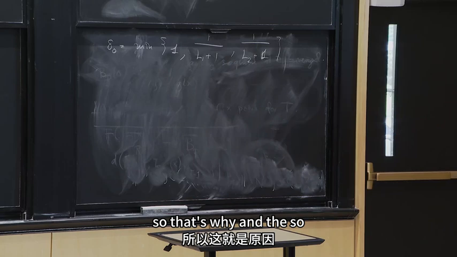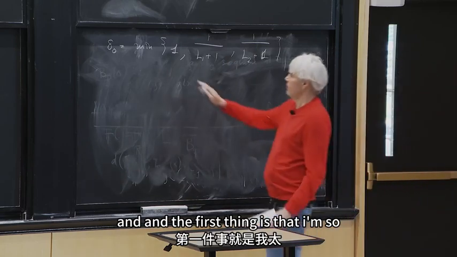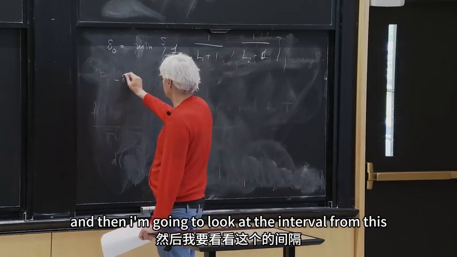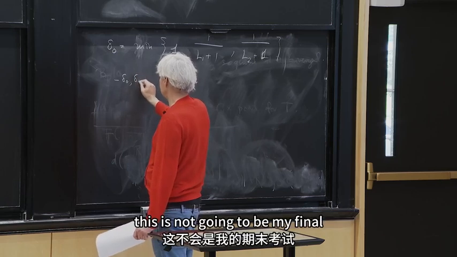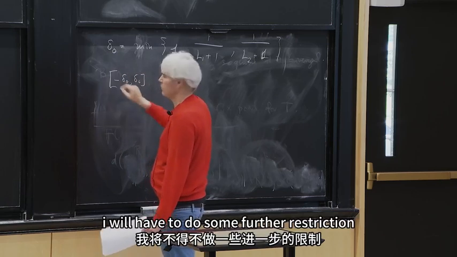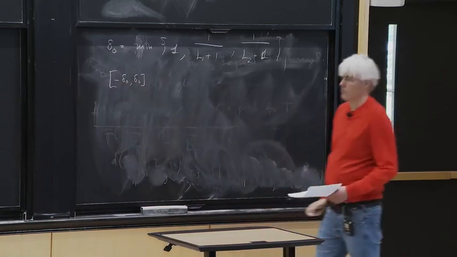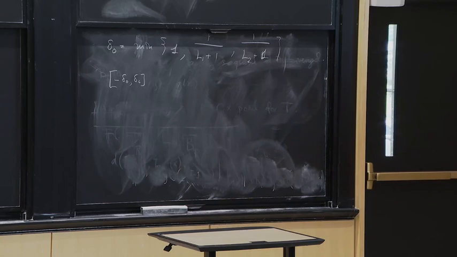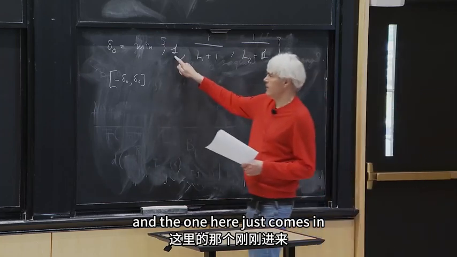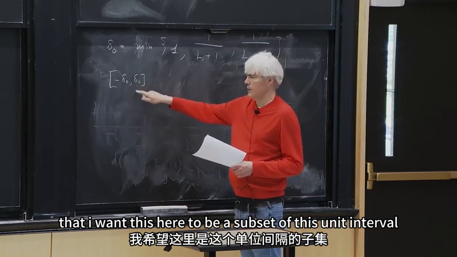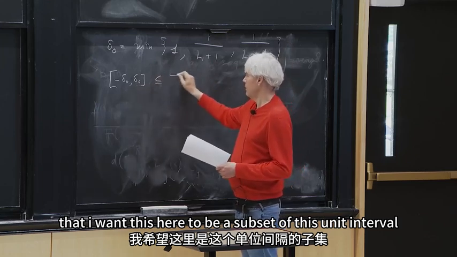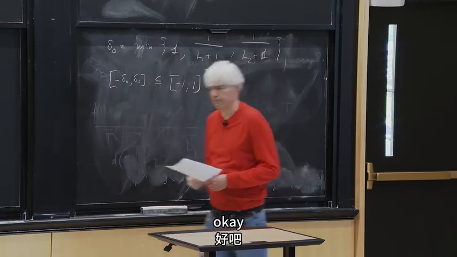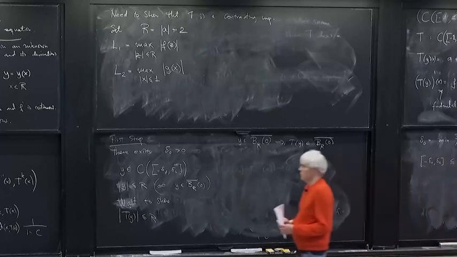And then I'm going to look at the interval from this, and this is not going to be my final. I will have to do some further restriction. But I'm going to look at this interval initially, okay? And the 1 here just comes in because I want this to be a subset of this unit interval, okay?